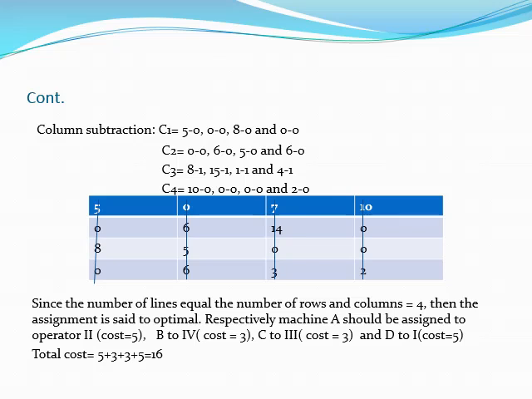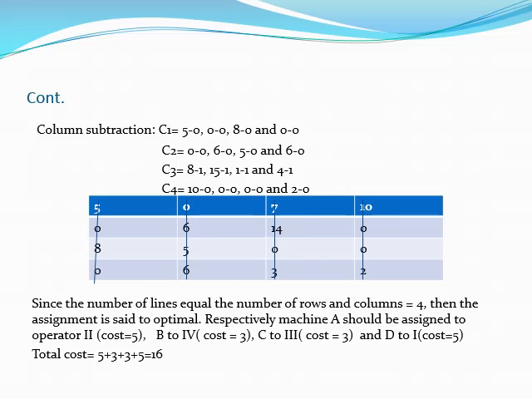Now we are going to choose the least cost in each column. For example, referring to the previous matrix, the least cost in the previous column is 0.